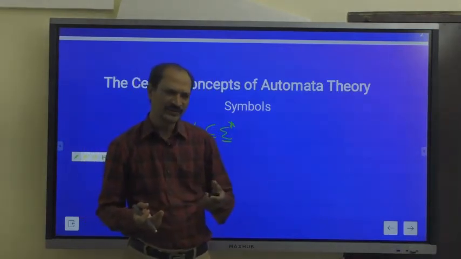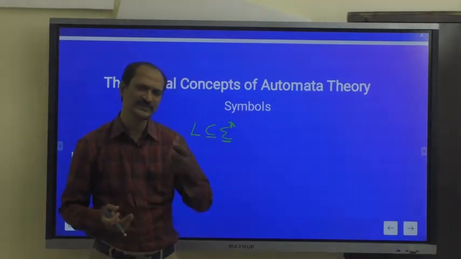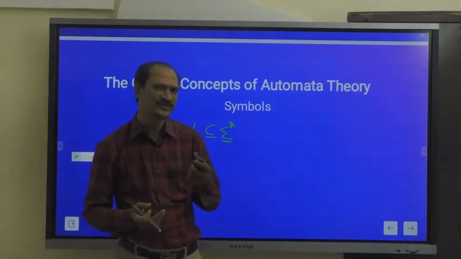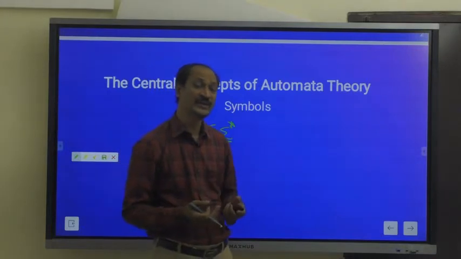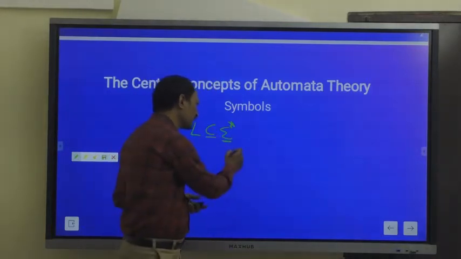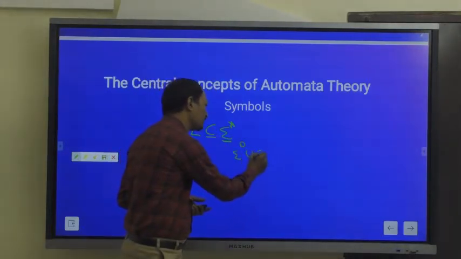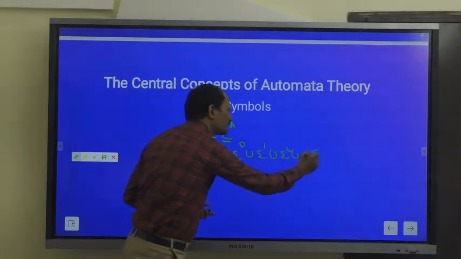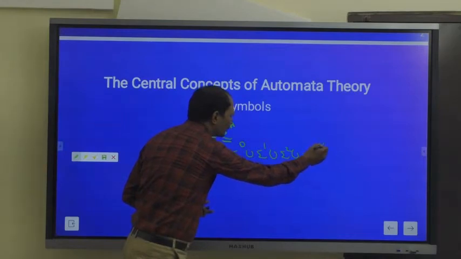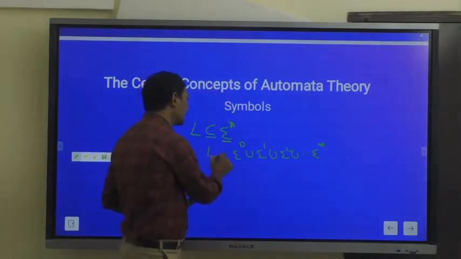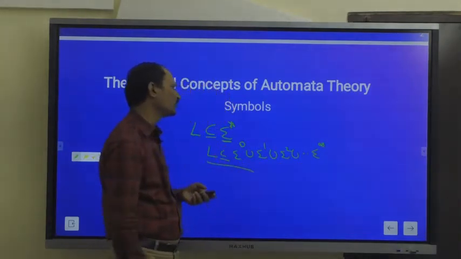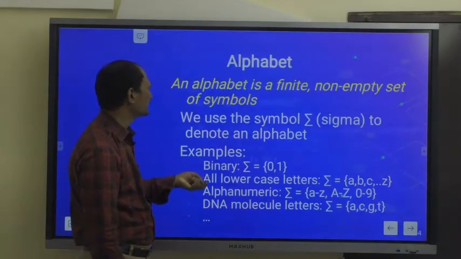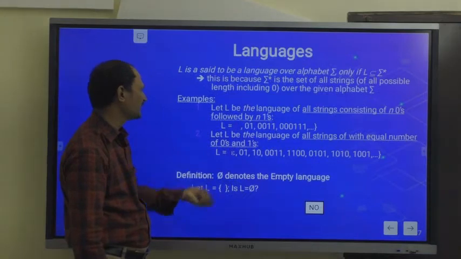I can have the set of all strings whose length is 0, meaning epsilon, the set of all strings whose length is 1, length 2, and so on up to infinity. So sigma star is sigma power 0 union sigma power 1 union sigma power 2 and so on, up to infinity. So the language is a subset of this. So these are the symbols, alphabet, strings and the languages L.